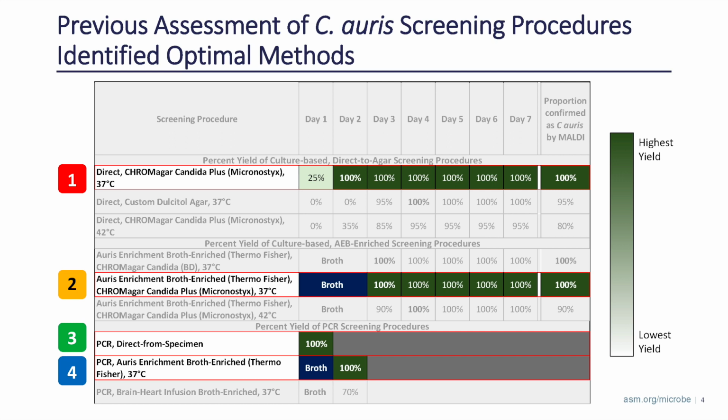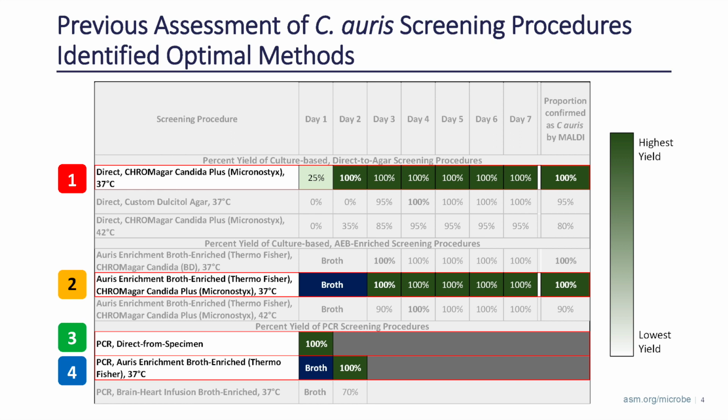And finally, for the PCR screening procedures, specimens were either directly tested for C. auris using PCR, or they were first incubated for 24 hours in either the auris enrichment broth or brain heart infusion broth before being tested for C. auris using PCR.